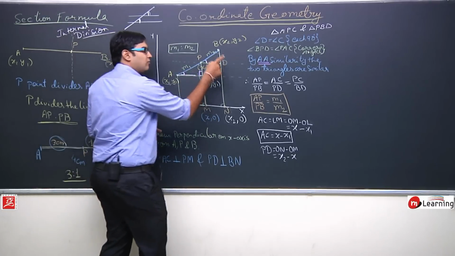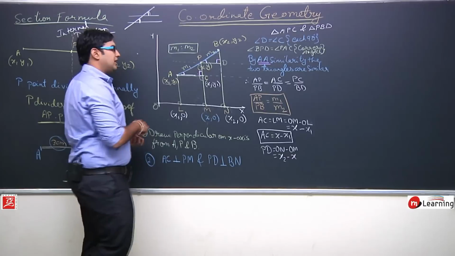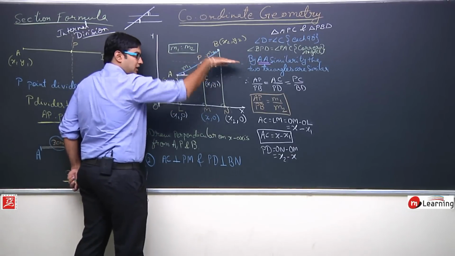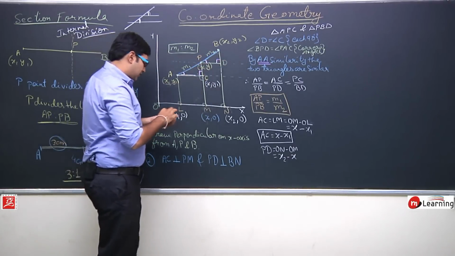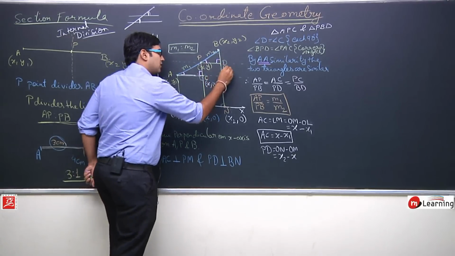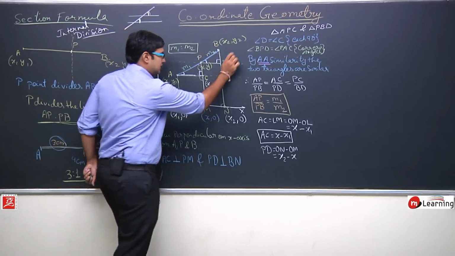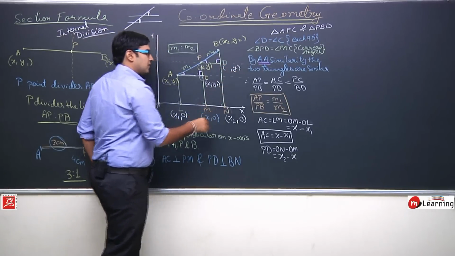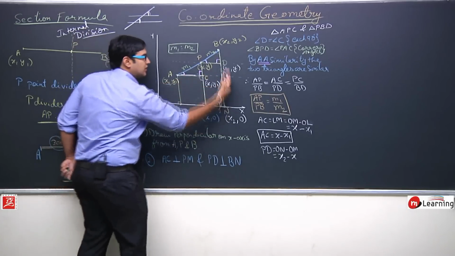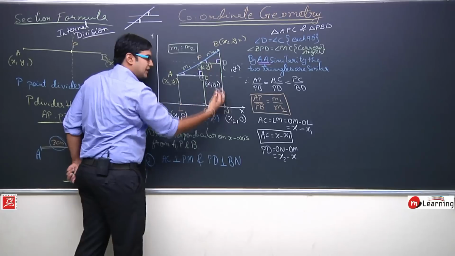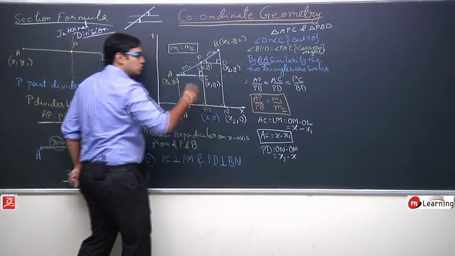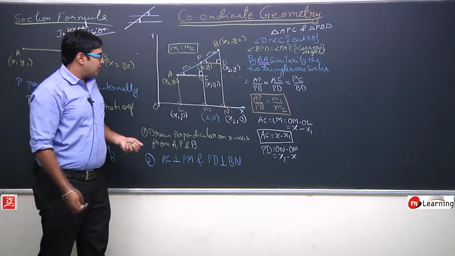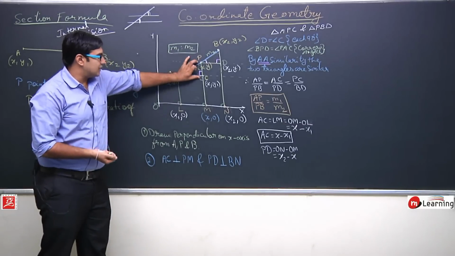Similarly, what are the coordinates of point D? You can see point D lies on this PD line, like this. So the x coordinate of point D will be x, sorry, not x, the y coordinate of point D will be y, and what about the x coordinate? The x coordinate will be like this BN line, so it will be x2. So this is the coordinate of point D. Now we are calculating this PC length.